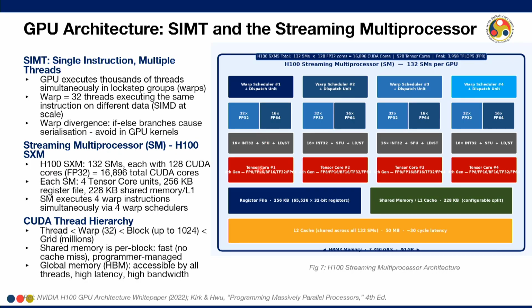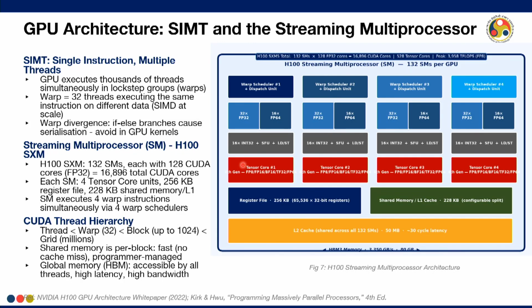And tensor cores, on the other hand, are highly specialized to do only matrix multiplication. They can do a complete MAC operation, matrix multiplication and accumulation, in one clock cycle. So they are highly specialized for the AI workloads that we are going to offload to the GPUs, right?